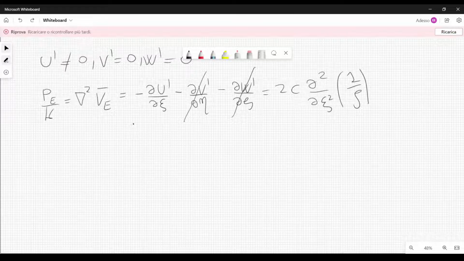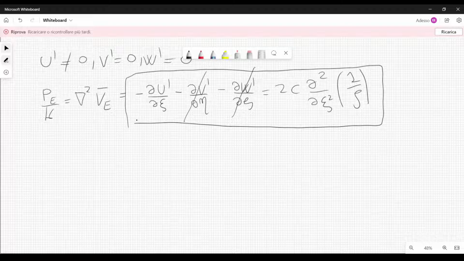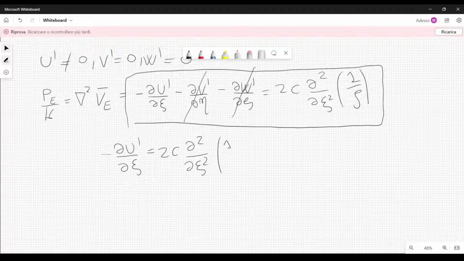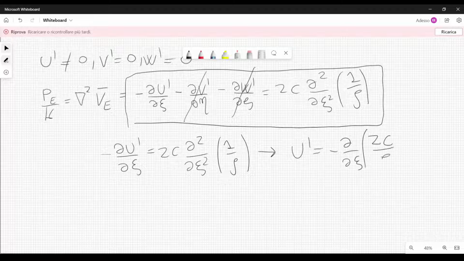And now if we take a look at this part of the equation, we have minus du prime d xi equal to 2c del squared d xi squared of 1 over rho. And we will choose u prime equal to minus d over d xi of 2c over rho. And we will continue next time.